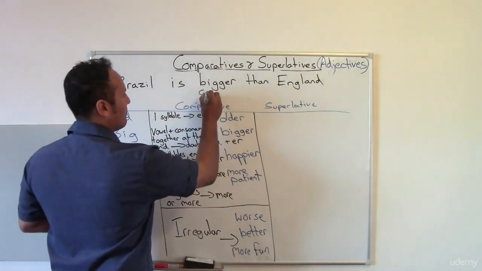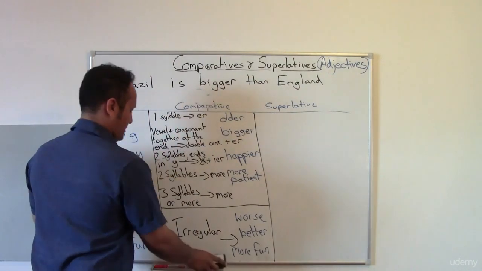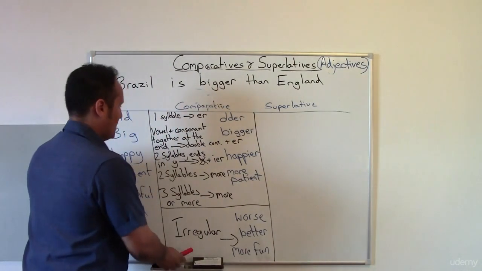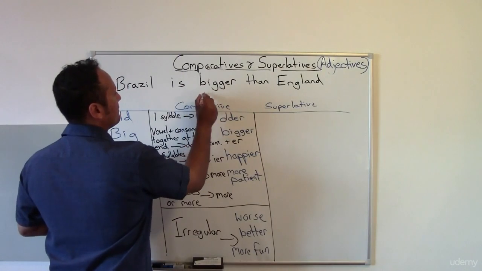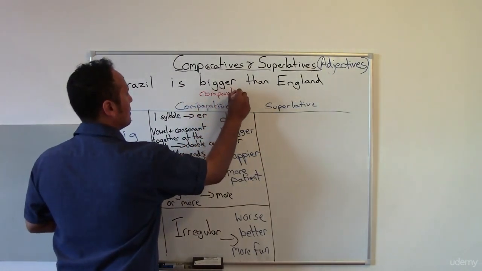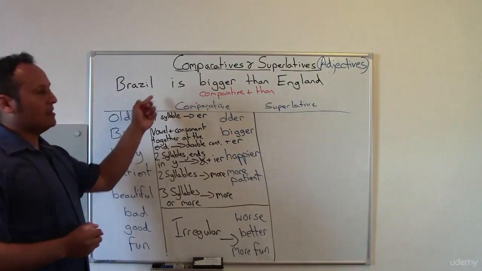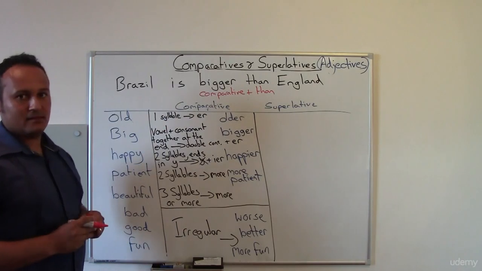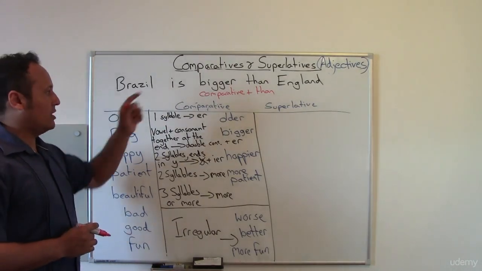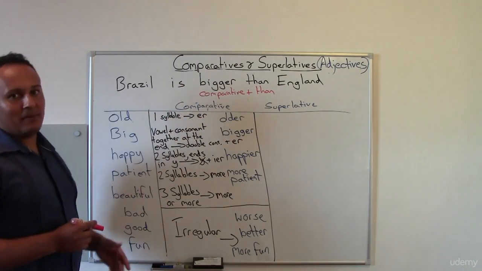You need comparative. Excuse me, I'll use red here because red is better. Comparative plus than. Brazil is bigger than England. Okay? So, comparative plus than, we can use these comparatives.